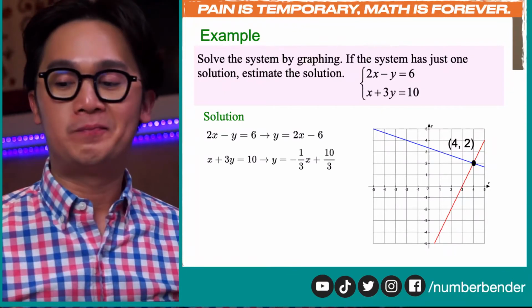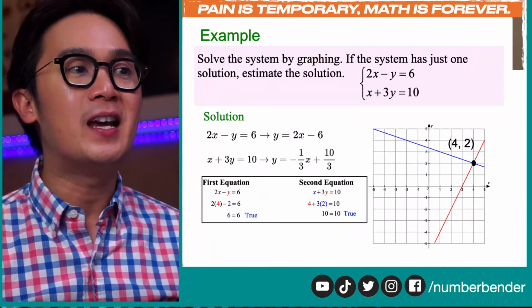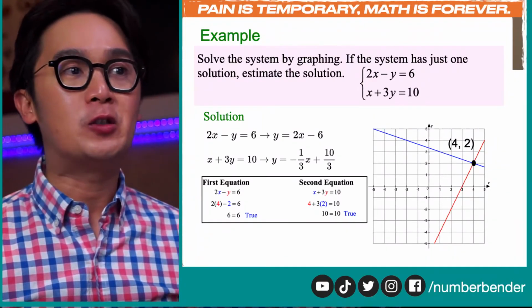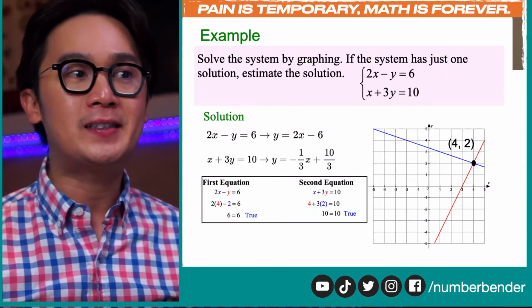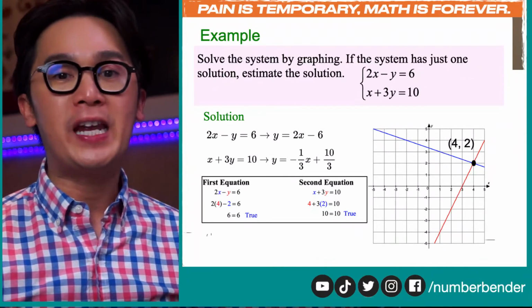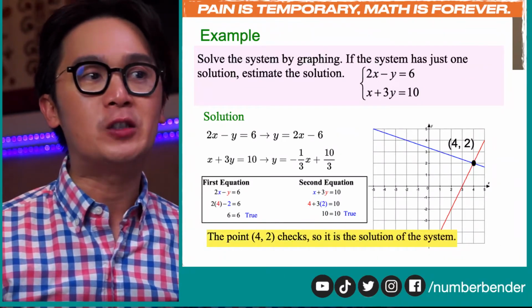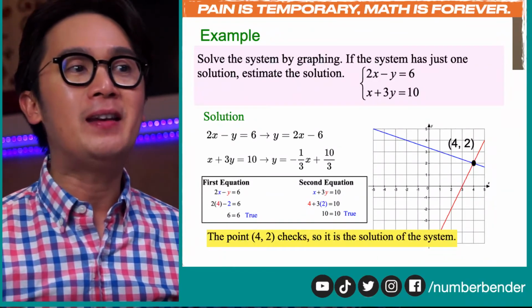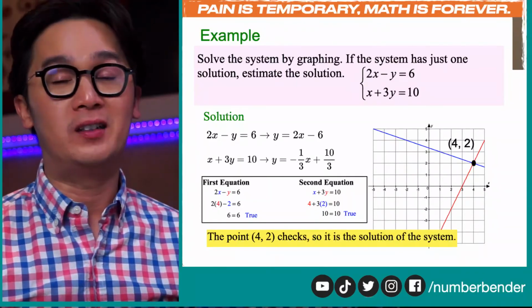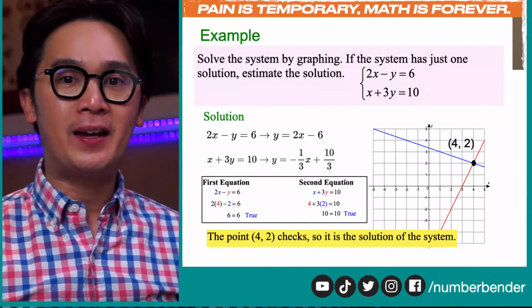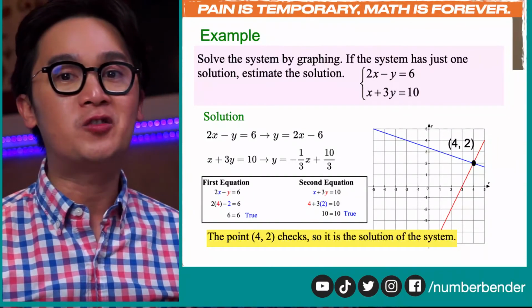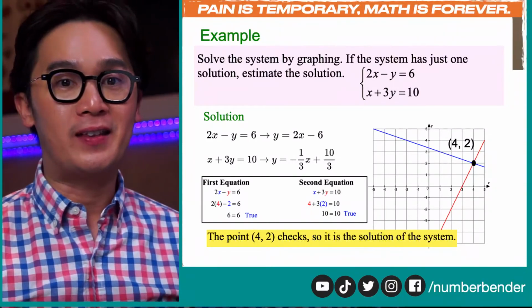But in this case, 4 and 2 is the verified solution of our equation, because if we substitute it into our original system, both of them will give you a true statement. So indeed, 4 and 2 is the solution, and we only have 1 for this particular case. So this is how we use the graphing method and the importance of describing our solution using this technique.